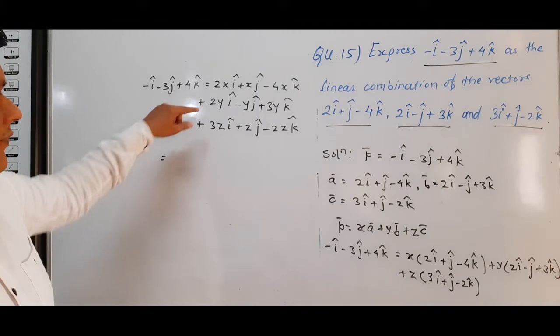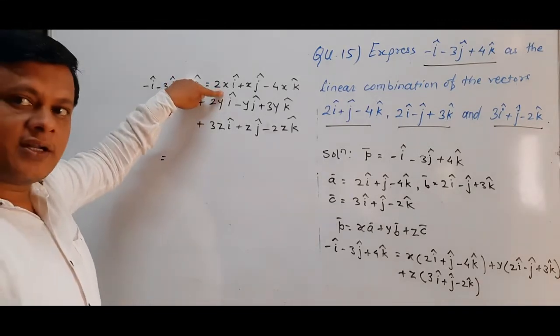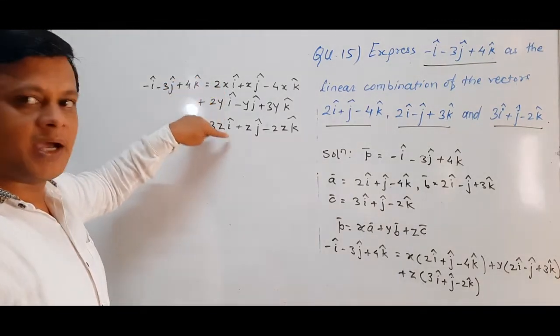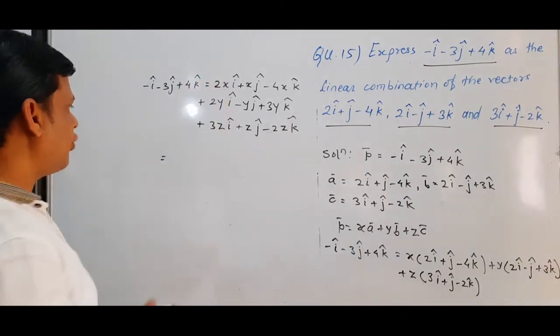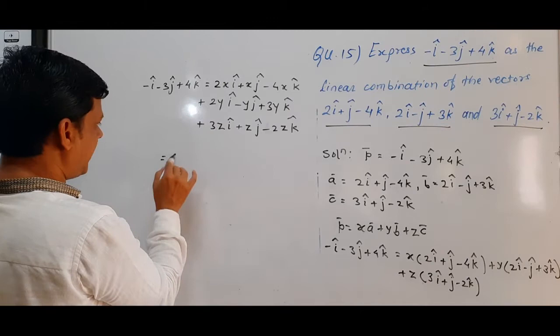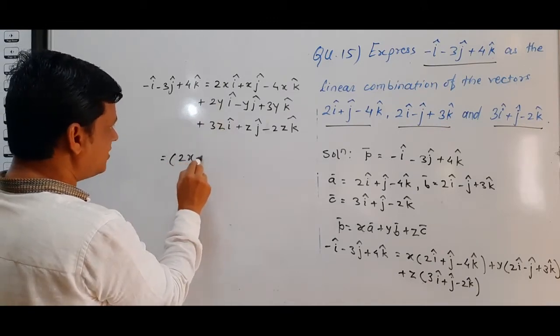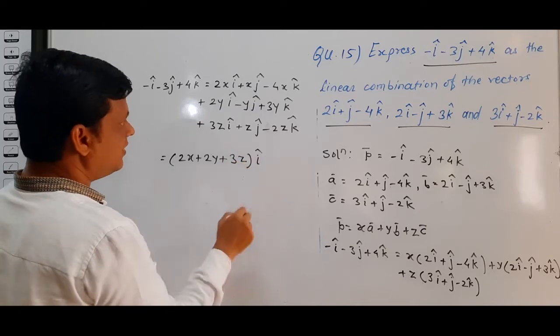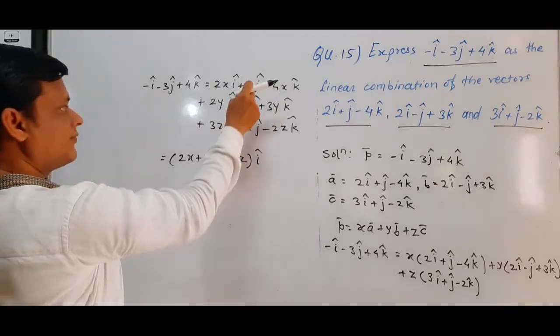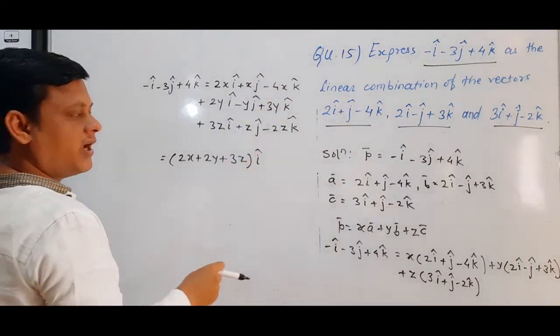Now observe unit vector i cap. We have to take unit vector i cap common. So in the first bracket we write (2x + 2y + 3z) into i cap. In the same way, observe the j cap vectors.